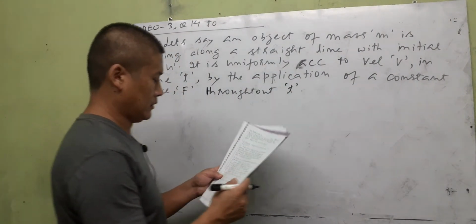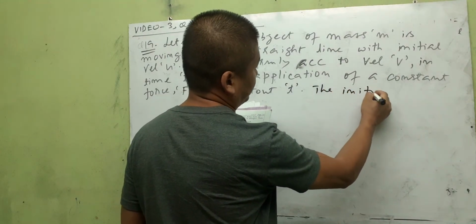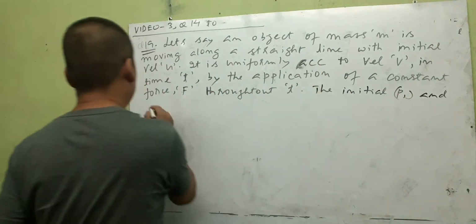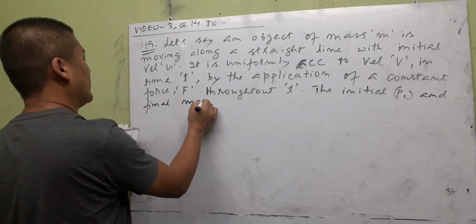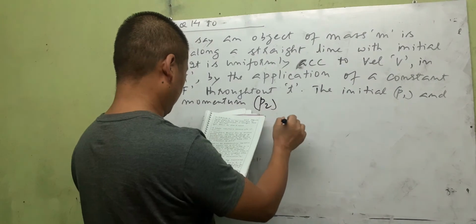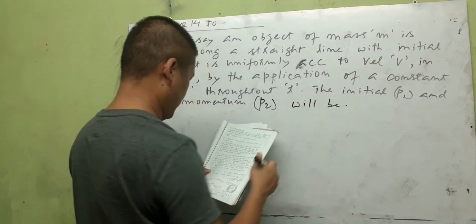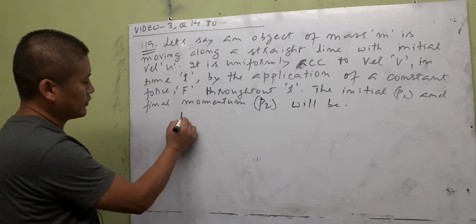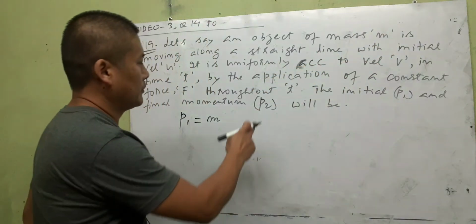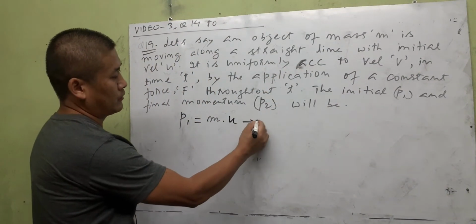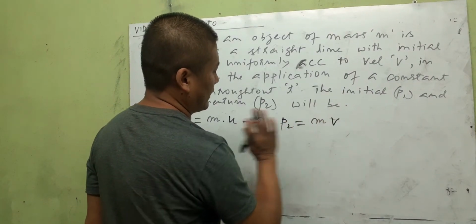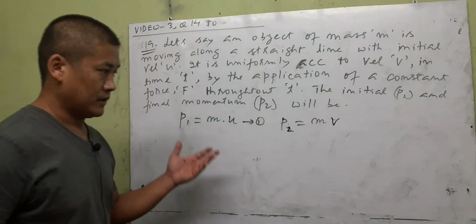The initial momentum, let us denote by P1, and final momentum, let us denote by P2. We know by the definition of momentum it is mass m into initial velocity u, equation 1, and final momentum will be the mass of the same object multiplied by final velocity v.